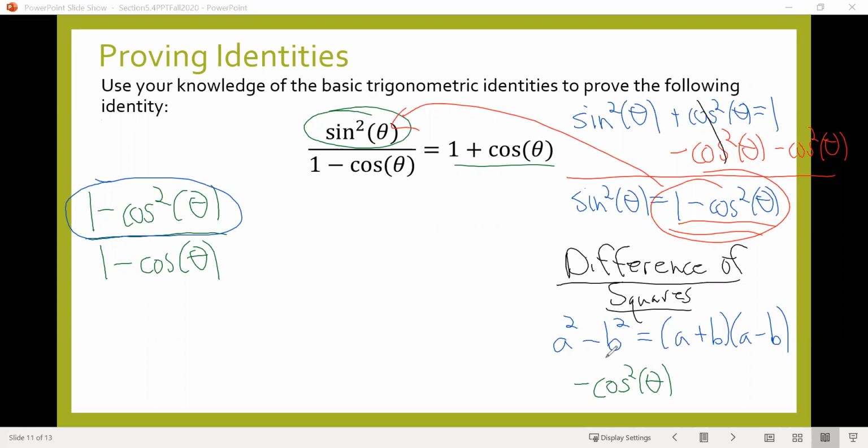That's right, it is, because 1 is actually the same as 1 squared, because 1 squared gives us 1. So notice we do have this format of something squared minus something else squared, which then according to this we can factor as 1 plus cosine of theta times 1 minus cosine of theta.